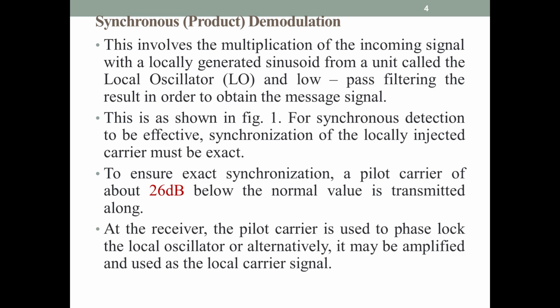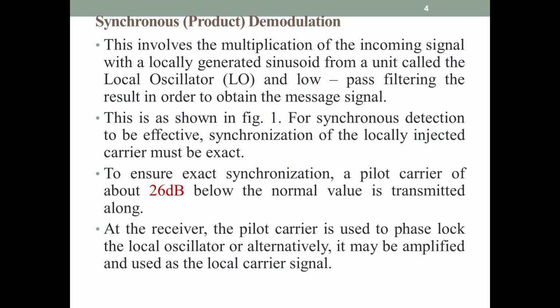Synchronous product demodulation. This involves the multiplication of the incoming signal with a locally generated sinusoid from a unit called the local oscillator and low-pass filtering the result in order to obtain the message signal. This is as shown in Fig. 1. For synchronous detection to be effective, synchronization of the locally injected carrier must be exact.